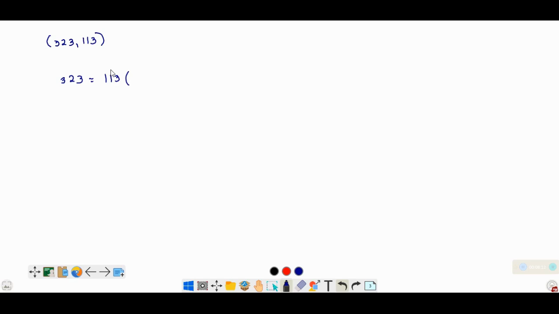How many 113s are there in 323? So let's put it here, 323 divided by 113, because it's a bit large already. You can always use your calculator if you want. Here, I took a shortcut and used the calculator. So we have 2. And then the remainder.